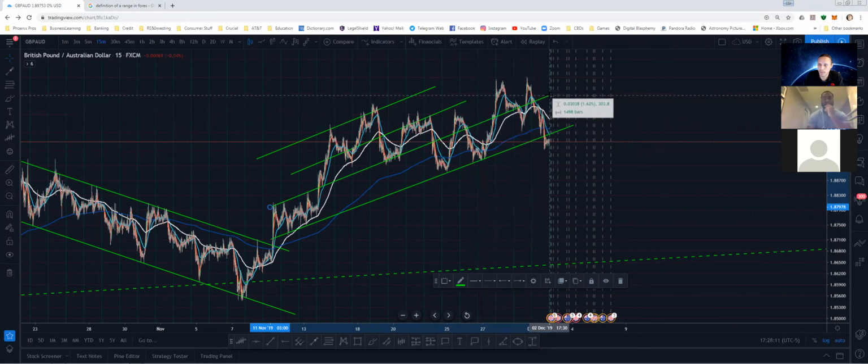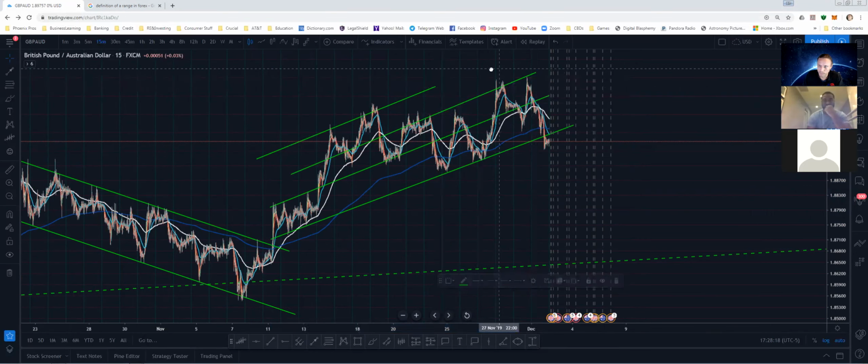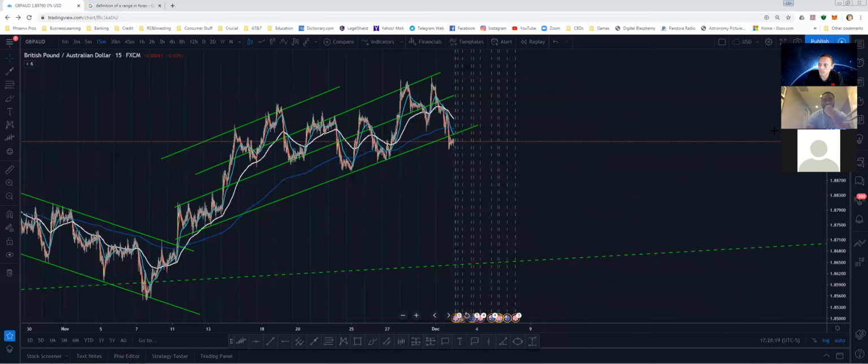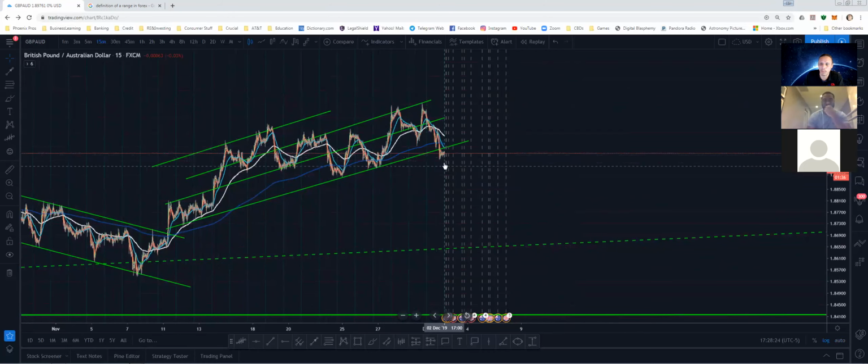Same thing. It stayed in all of our ranges. So today we had a little break below, but it could be what's called a bear trap. Everybody's getting ready to sell this thing, sell this thing, sell this thing. Even I was in a sell on it after it broke.